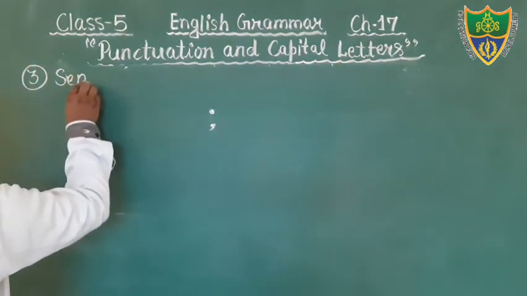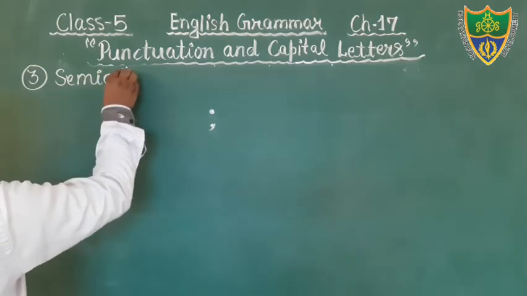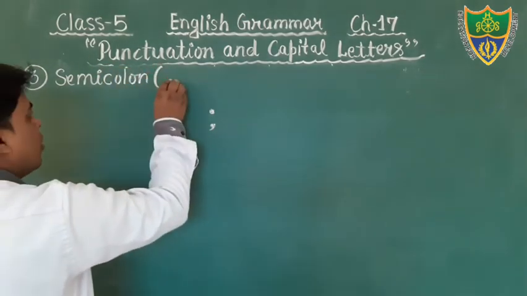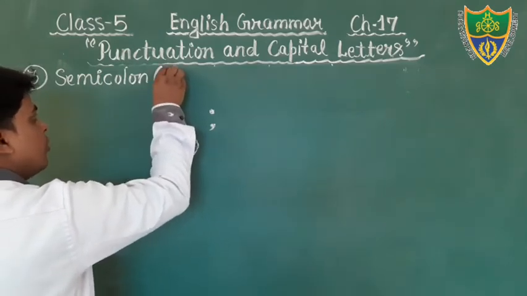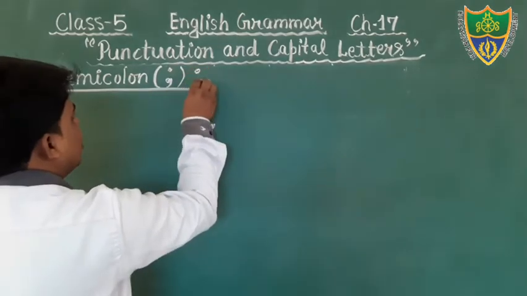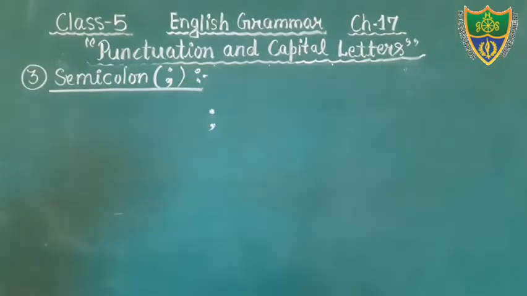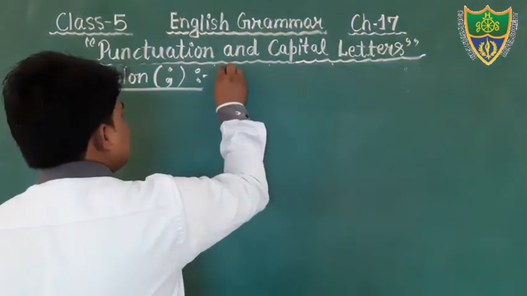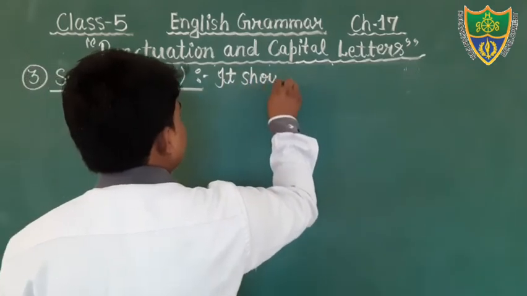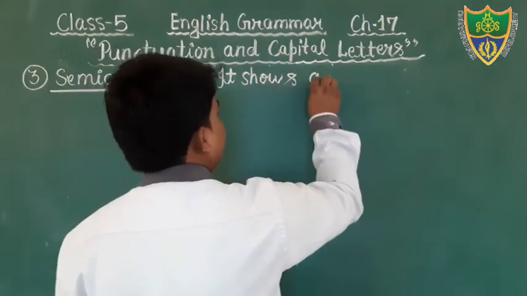Semicolon. And how do we put it? Comma and just above it we will put a point. Okay, students, first of all you write about it, then we will discuss the example.